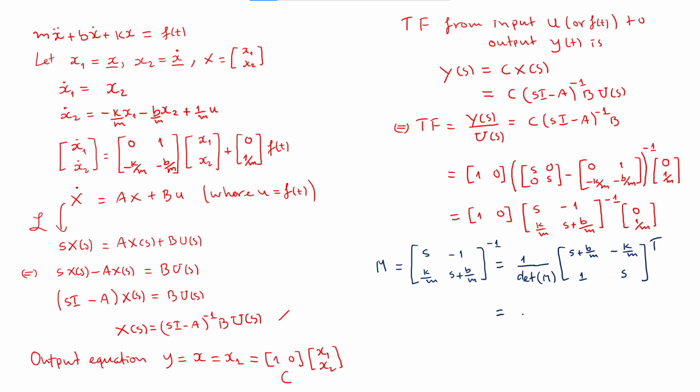The determinant is s squared plus b over m times s, plus k over m.